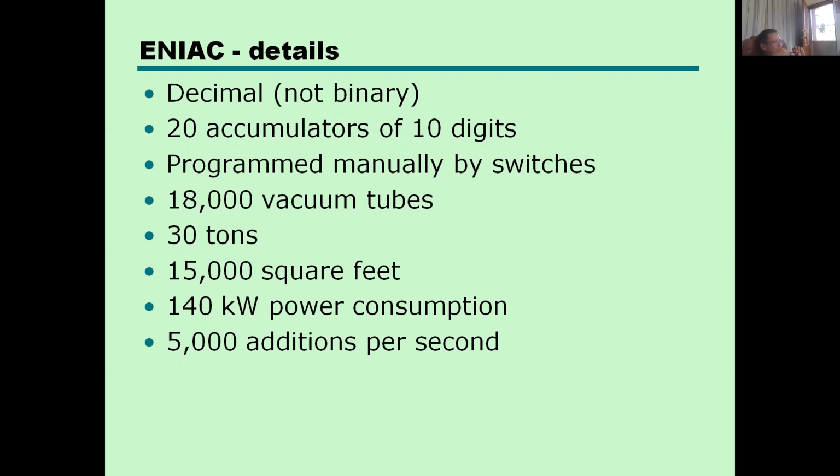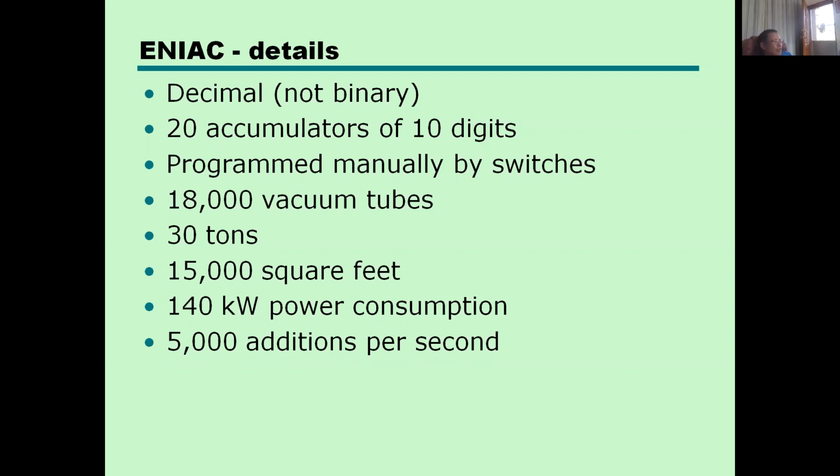Instead of using individual ingress and egress, they use accumulators, which means that they can be used for both input and output. Unlike Charles Babbage's analytical engine, where the ingress axis is used for input and the egress axis is used for output.